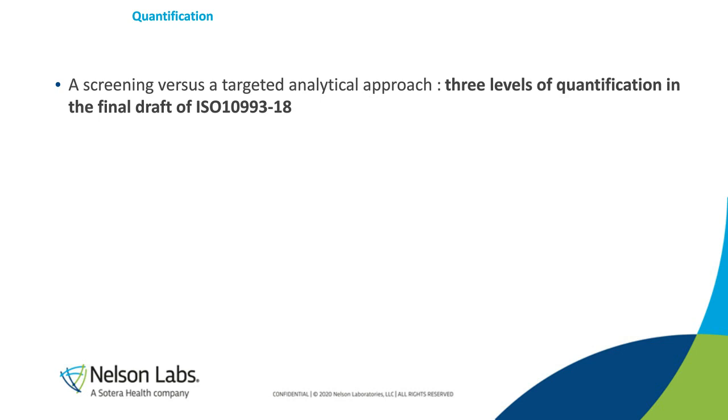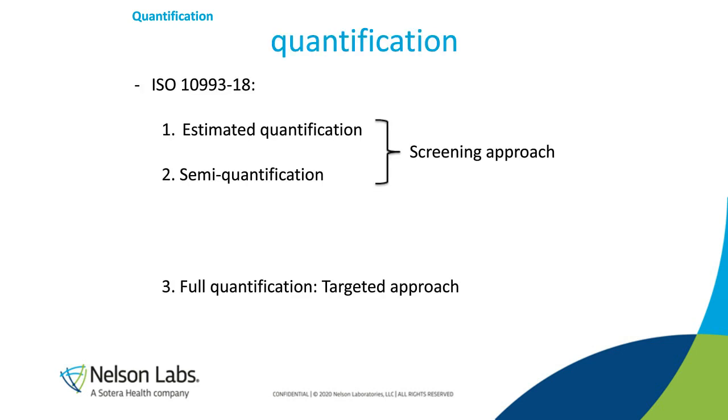So when you look at quantification, the screening approach, the net approach, does give you an estimated or semi-quantification method because you're averaging the total amount of fish by some kind of standard. Now, if you just use one internal standard to do that, like a minnow or tuna, you may be off depending on how your fish compares to that minnow or standard. If you use multiple types of different fish, right?